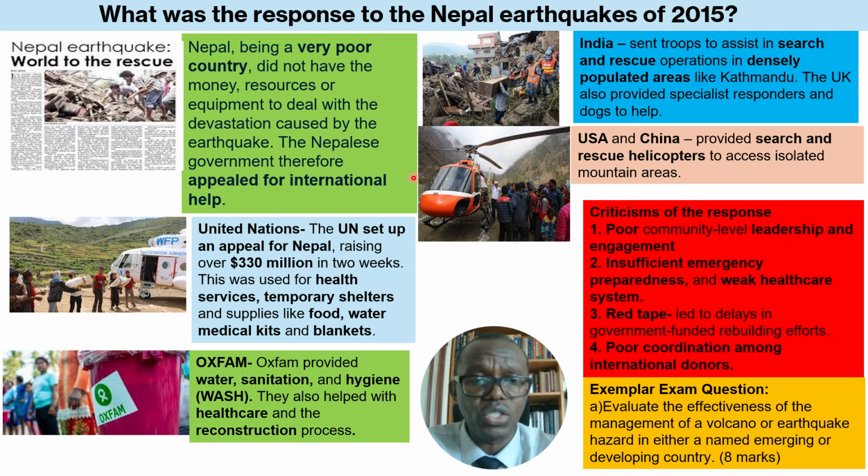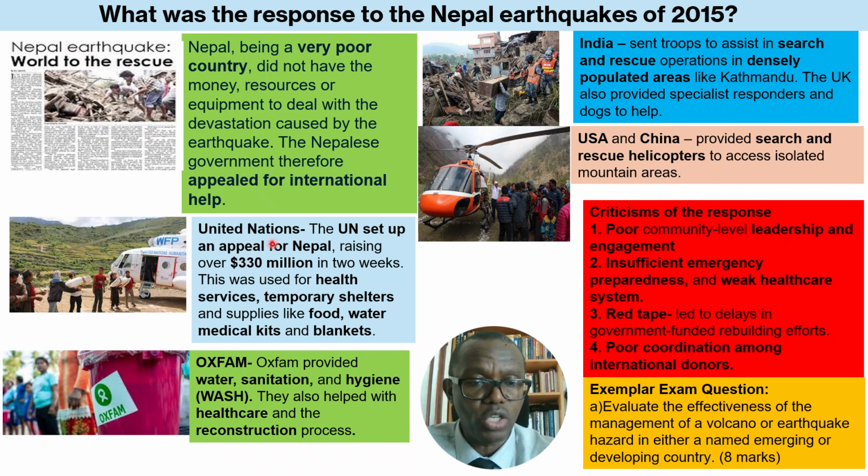Okay, so as you can see here, this is a news article that is talking about the world going to the rescue of Nepal after these earthquakes. So we have different groups of people or organizations and countries as well that went in to help Nepal respond to these earthquakes.